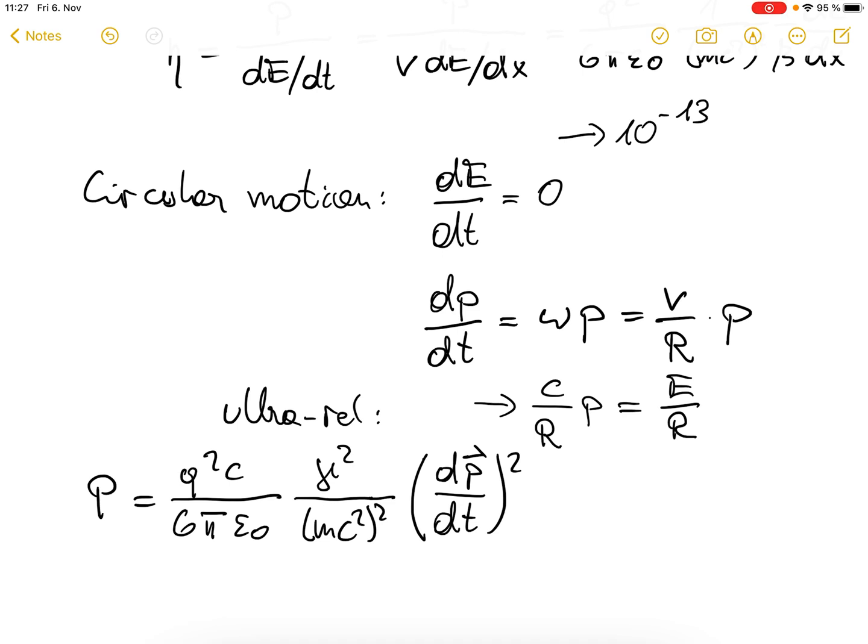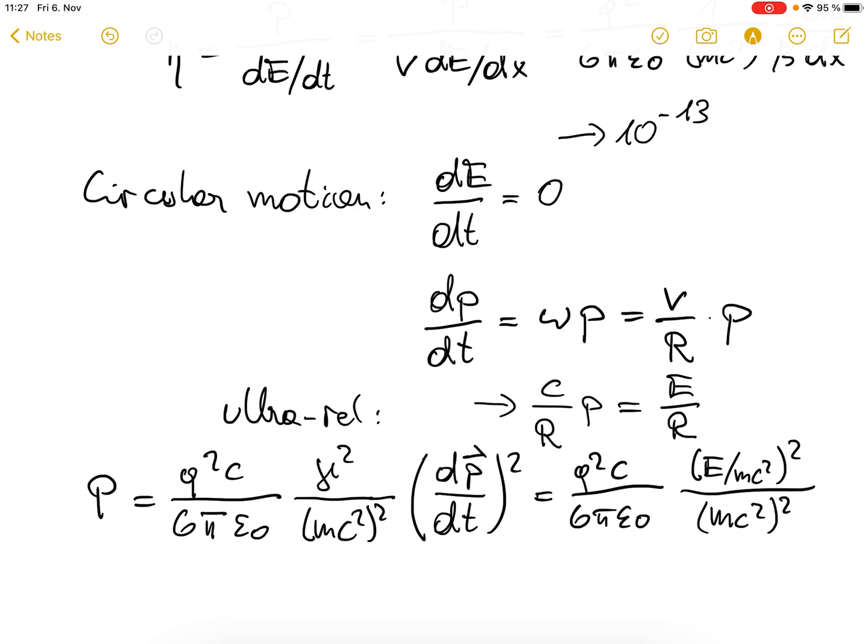We have just computed dp with respect to dt, and therefore we only need to insert q squared c over 6 pi epsilon 0. I rewrite the gamma factor as E over mc squared, and I insert what we've just computed.